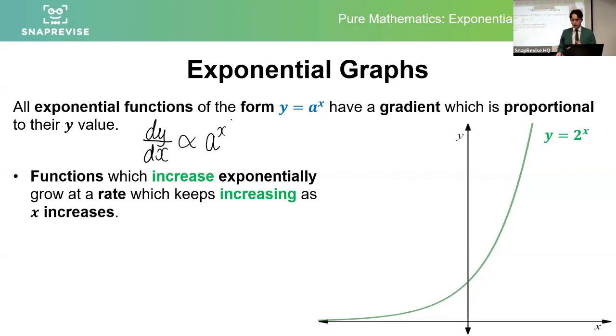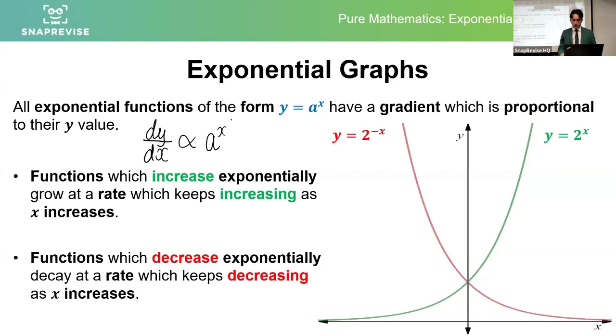So if you imagine this is y equals 2 to the x, we can also recognize from graph transformations that if you made the x negative in the function, that's a reflection in the y-axis. So 2 to the minus x would look like that. And that would represent depreciation or decreasing exponentially.